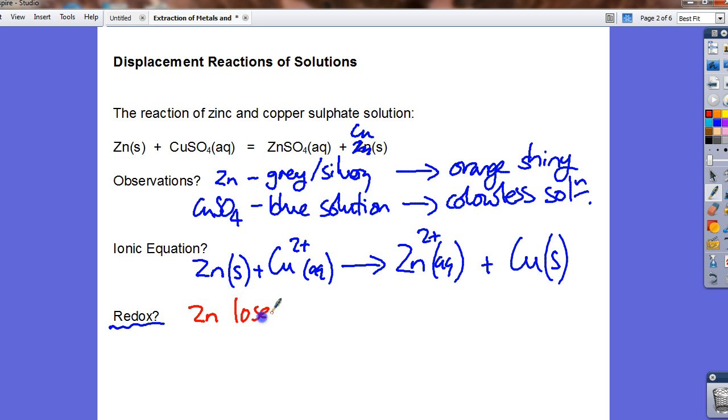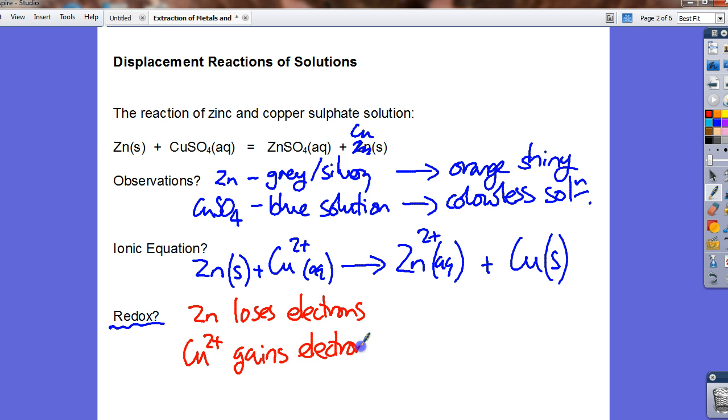So the zinc loses electrons. What happens here? Well, the copper goes from being positive to being neutral. In order to go from being positive to being less positive, it must be gaining negative particles. So the copper 2+ actually gains electrons.